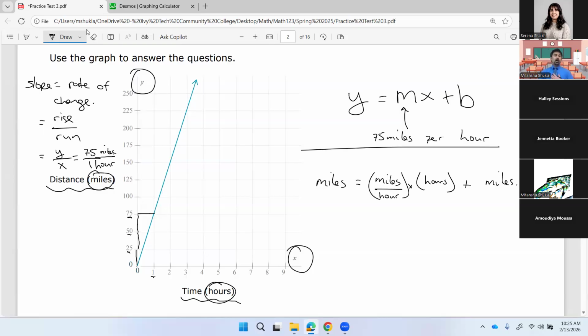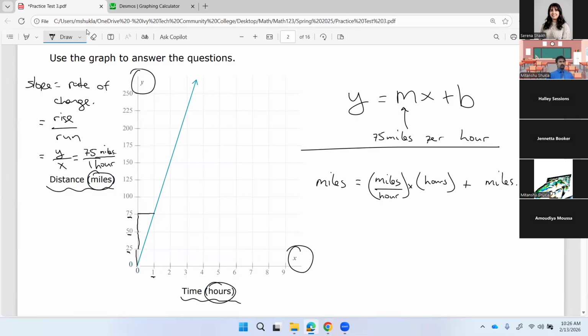So in words, this is what our equation looks like. If I want to know how many total miles I traveled, I take how fast I was going, I multiply that by how long it took me to get there, and I add the number of miles at my origin point. So if I was starting from 0, then 0 plus 0. If I was starting with 15 miles, then 15 plus 15.